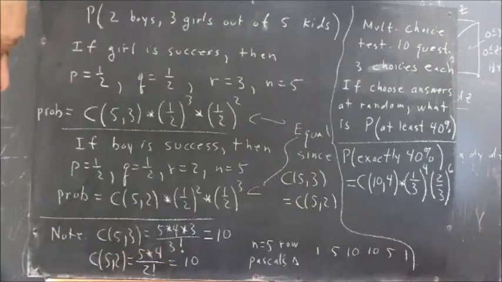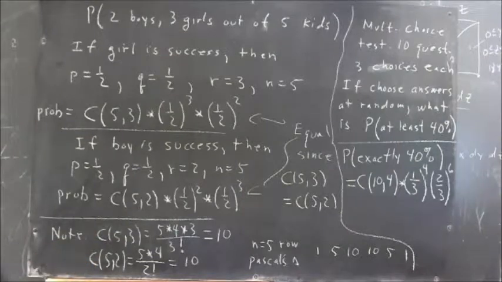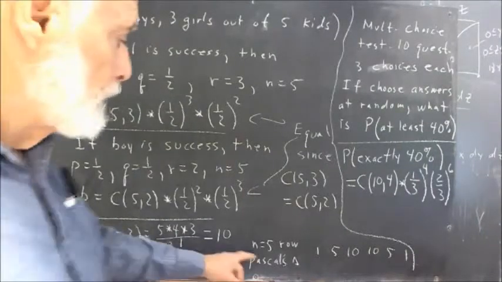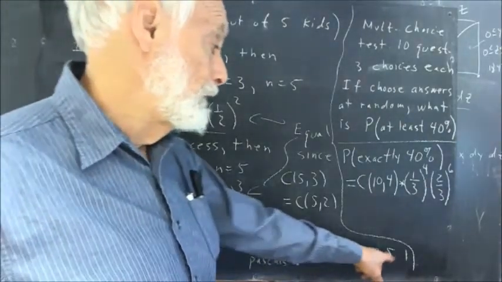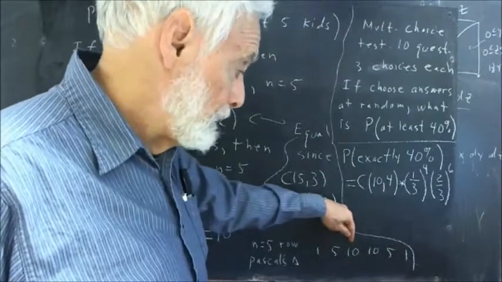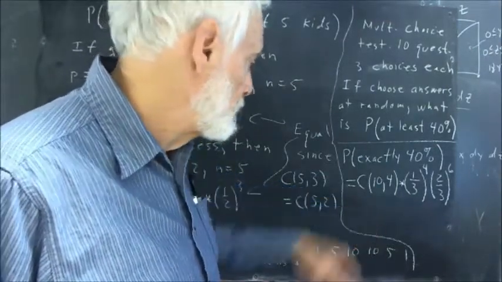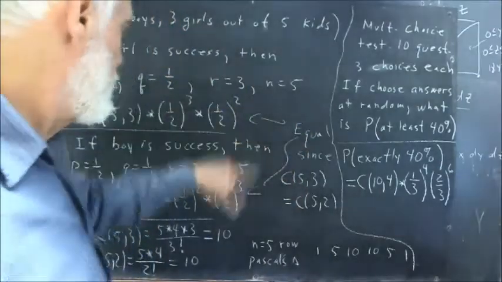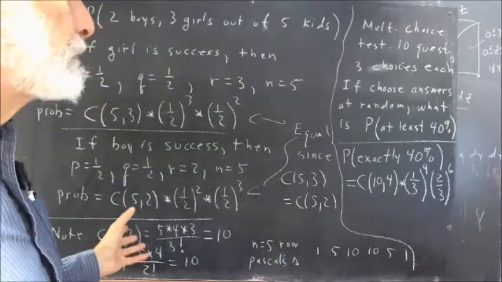You can write out and analyze the expressions for these probabilities, and you'll see that they come out exactly the same. Also, the N equals 5 row of Pascal's triangle reads 1, 5, 10, 10, 5, 1. Here's your C of 5, 2. Here's your C of 5, 3. They're equal. So these are equal since C of 5, 2 and C of 5, 3 are equal.